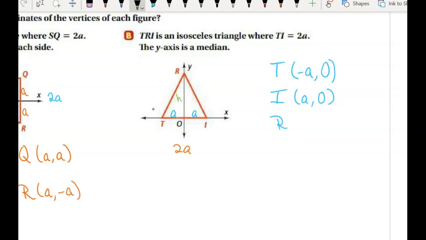So from the origin to R is h units. So point R is on the y-axis, so do I go left or right any? No. So it's going to be 0 and h.